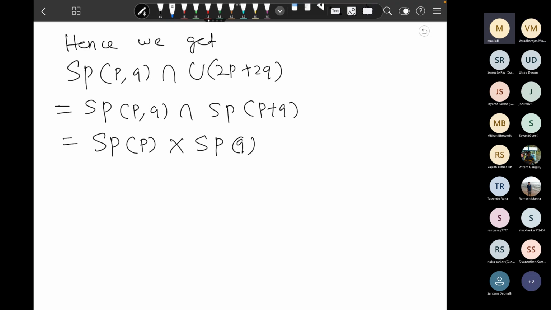SP(P) is connected and this is connected, therefore the product is connected.